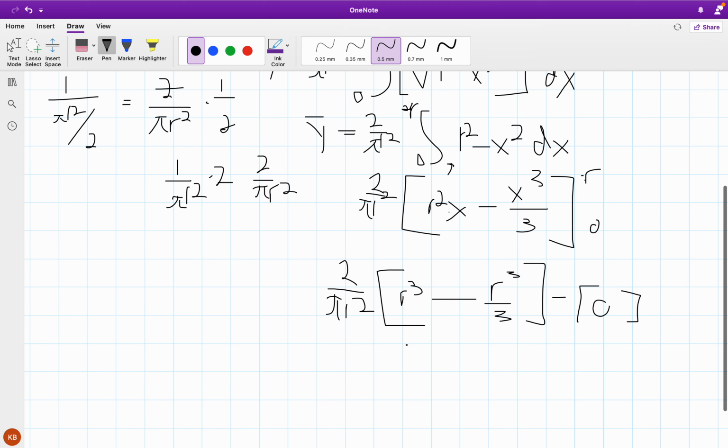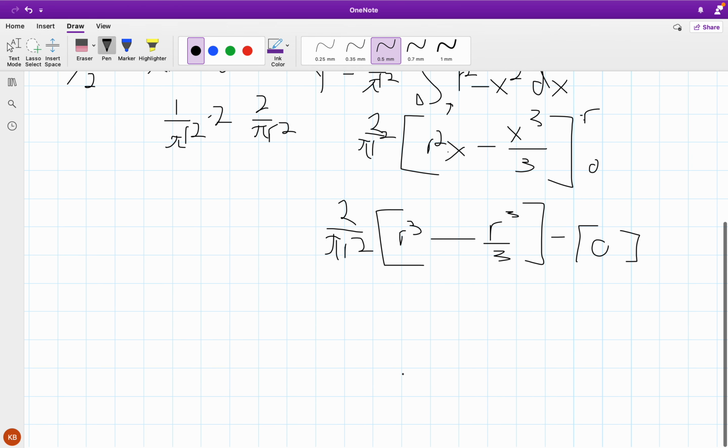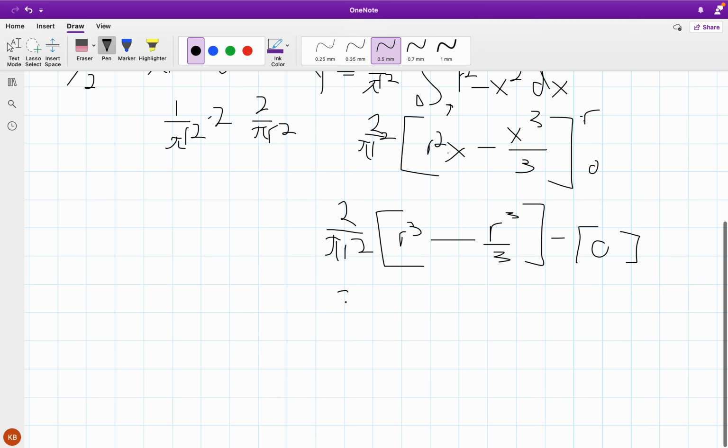So it's going to be 2 over pi r squared times r cubed minus r cubed over 3. And that's just going to be 2 over pi r squared times 2r cubed over 3, which equals 4r over 3 pi. And this is going to be our y value.